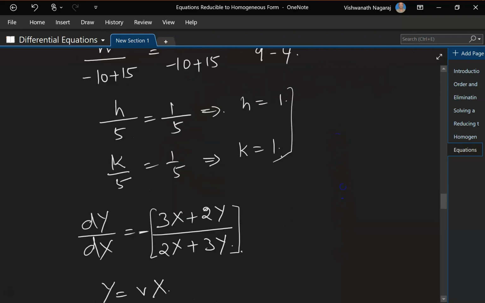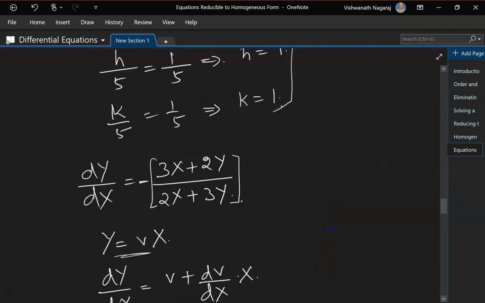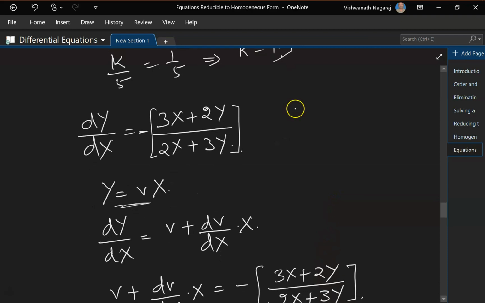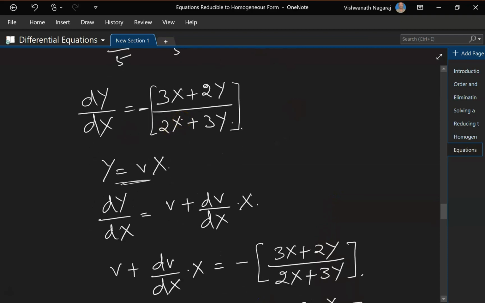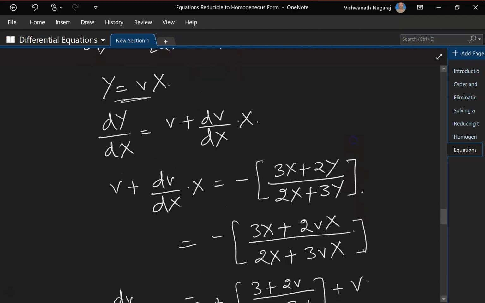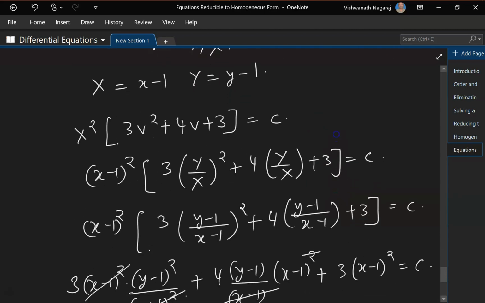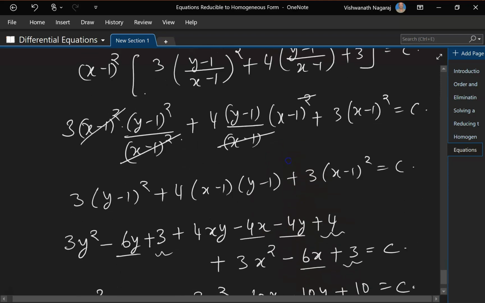Solve that and you will get the values of h and k, and since they have disappeared, your equation becomes a homogeneous equation. Do the substitution following the procedure we follow for homogeneous equations. Then reverse the substitutions: substitute back the original x's and y's, substitute the value of v, and then simplify.